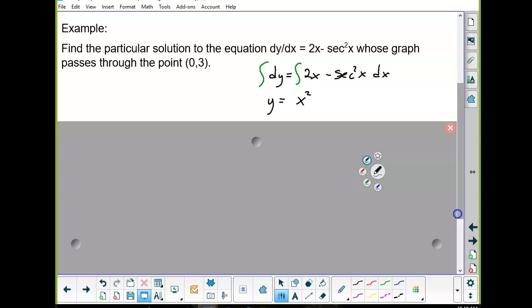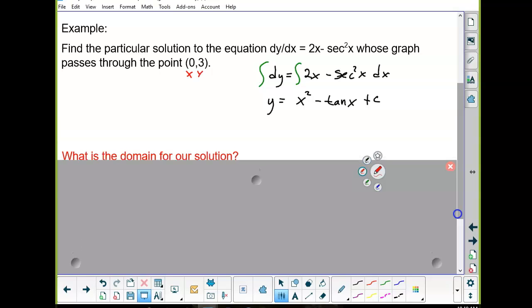This is x squared. There would be a 2 here, but I divide by 2, so the 2 and the divide by 2 cancel out. And then whose derivative gives me secant squared? That's just tangent, plus c. And it gives me the point x, y, so I would plug in 3 and 0 for the x and y.